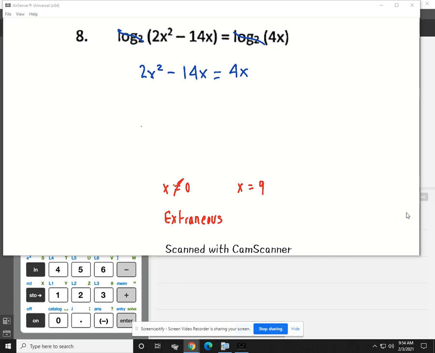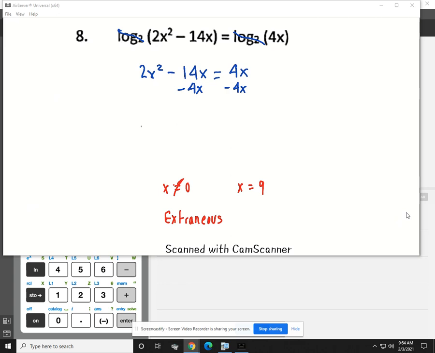Okay, so very similar to number 3 and 5 and C and D from yesterday's notes. Can I just solve for x? No. I've got to load up a side. So in this case, when I load up the side, I can subtract this 4x from what?